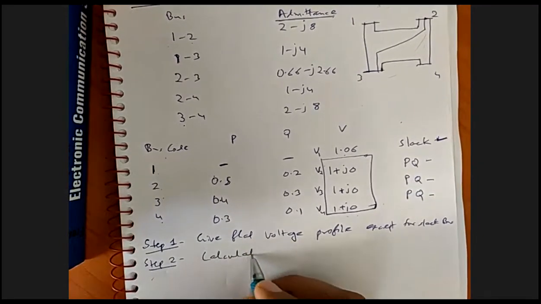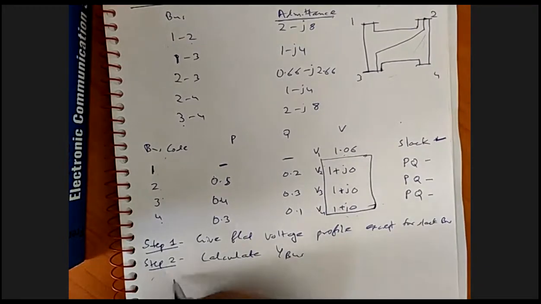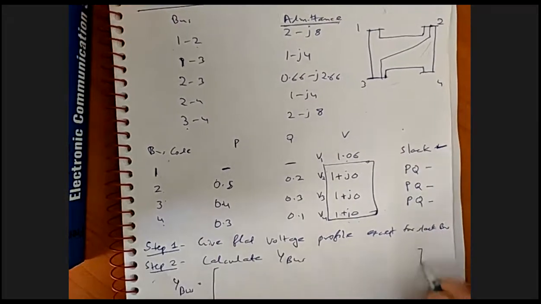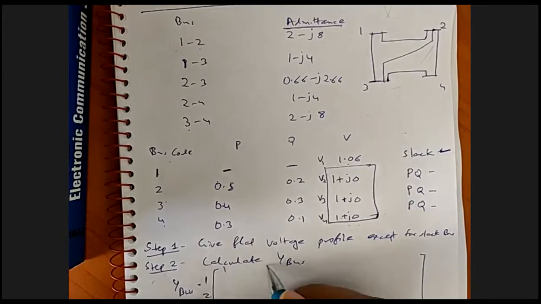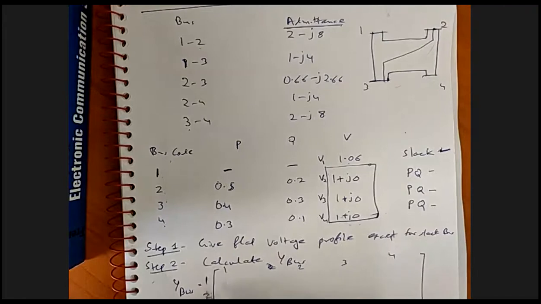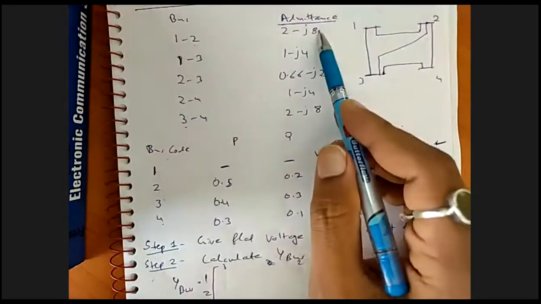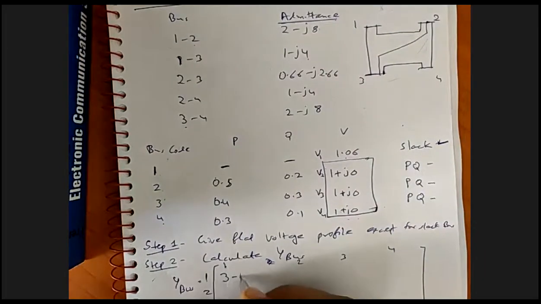Then step number 2 is to calculate Y bus. We can directly get the Y bus. Y11 is all the impedance connected at bus 1, so it will be this plus this, that means 3 minus J12.